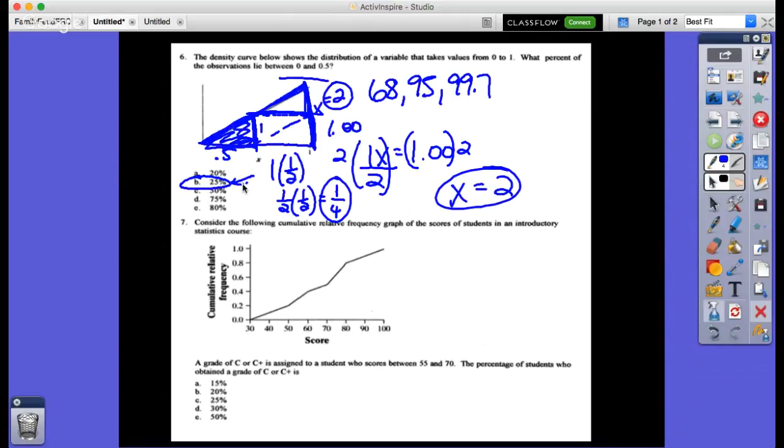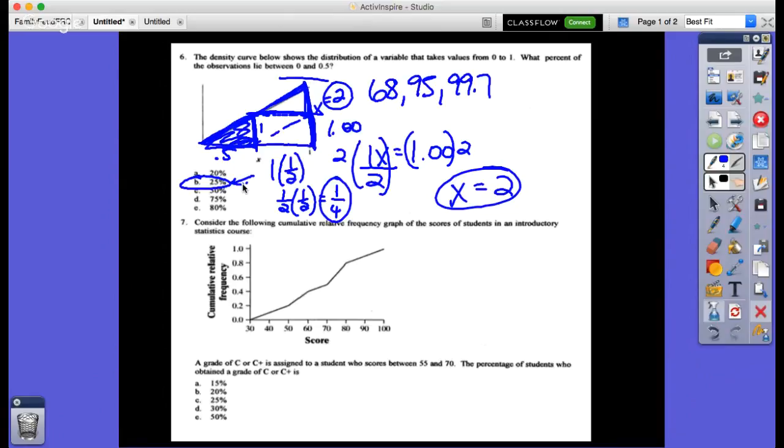You don't have to really do that, but if you like an equation, that's how you would do it. If you do better by visualizing, you could approximate, but 25% would be the answer.